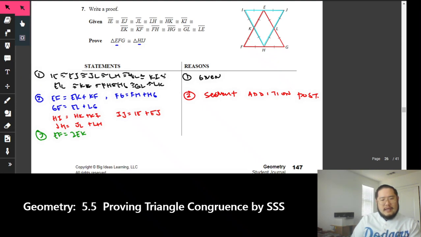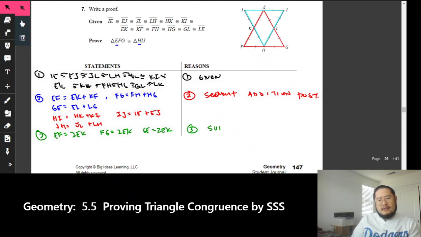Let's go ahead and do that same thing with FG. I want to say that FG is equal to 2 times segment EK. I want to also put GE is equal to 2 times segment EK. And once again, why can I do that? Well, that's going to be our reason.